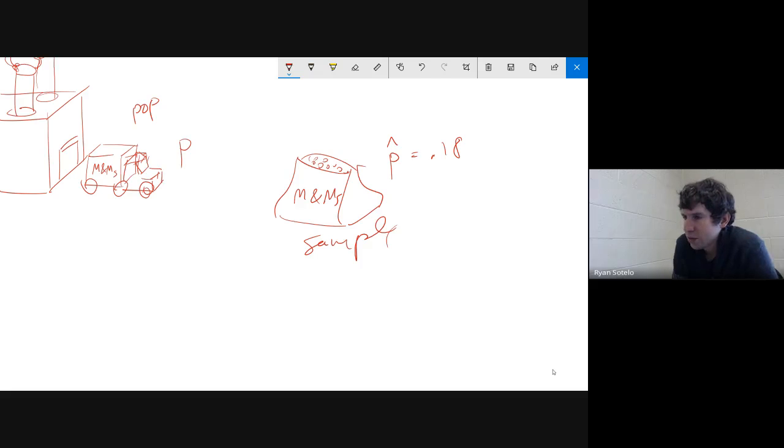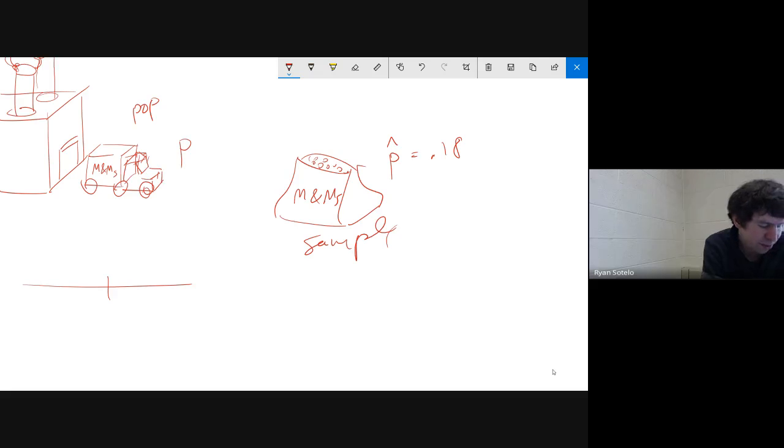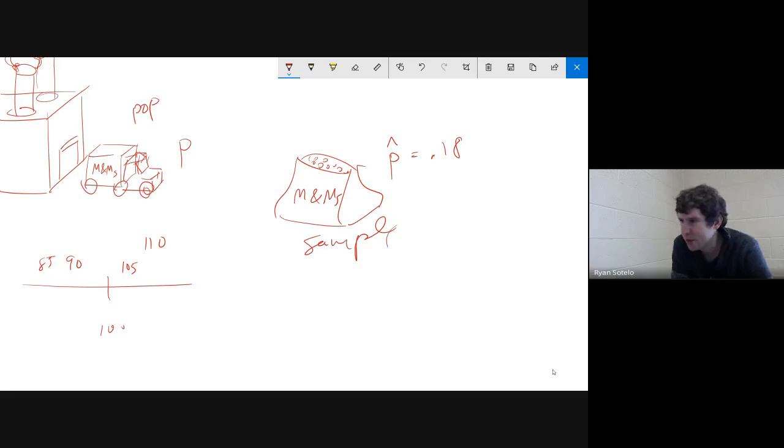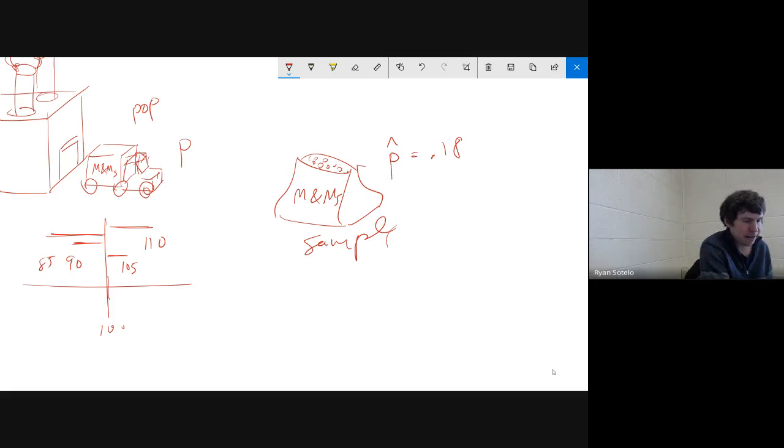Well, remember, for quantitative data, let's say we had a mean value of 100, and there are numbers like 110, 90, 85, 105. The standard deviation was like the average distance from the middle.